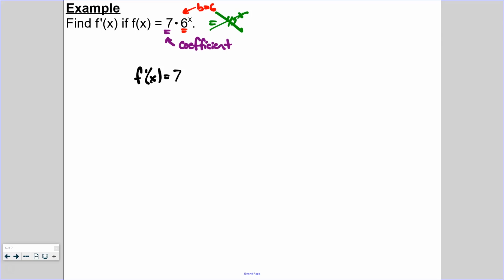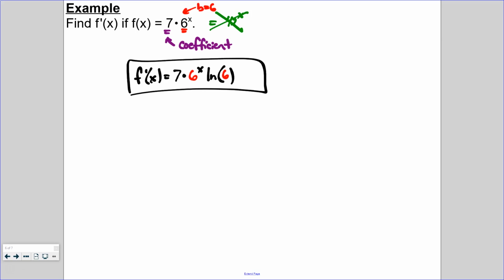So that means it's going to be 7 times 6 raised to the x power times the natural log of 6. And that's it. There's nothing we can simplify because we still can't multiply that 7 with the 6. Different bases, different exponents. So there's no simplifying we can do. So that's it. Derivative and done.